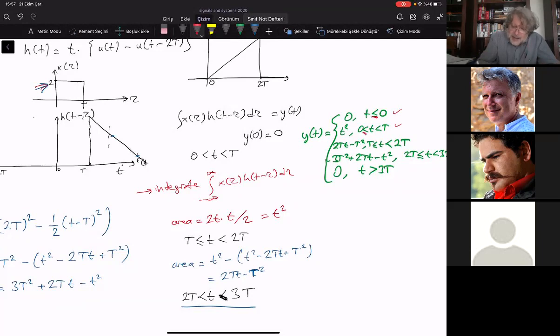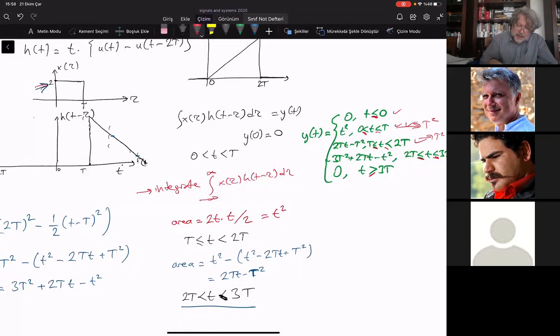Now check this with the next equation, the value at t equal to capital T. When t is equal to capital T, this line will give you capital T squared, and this line will give you 2 capital T squared minus capital T squared, which is also capital T squared. So these equalities may exist anywhere, and it doesn't really matter which one you prefer, because they have exactly the same value.